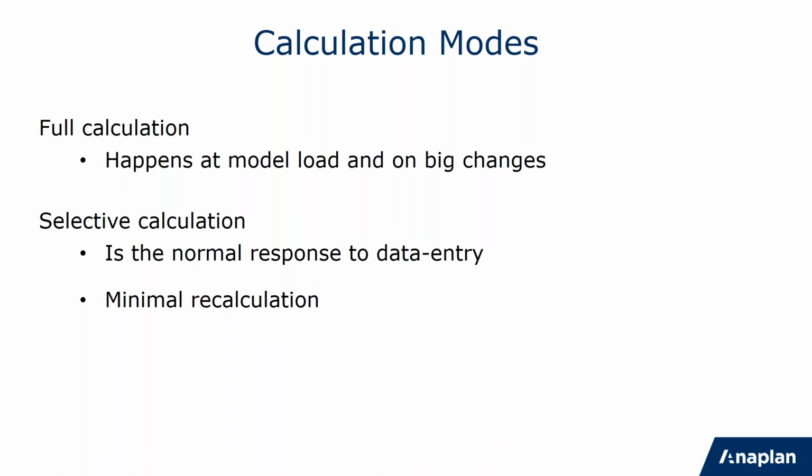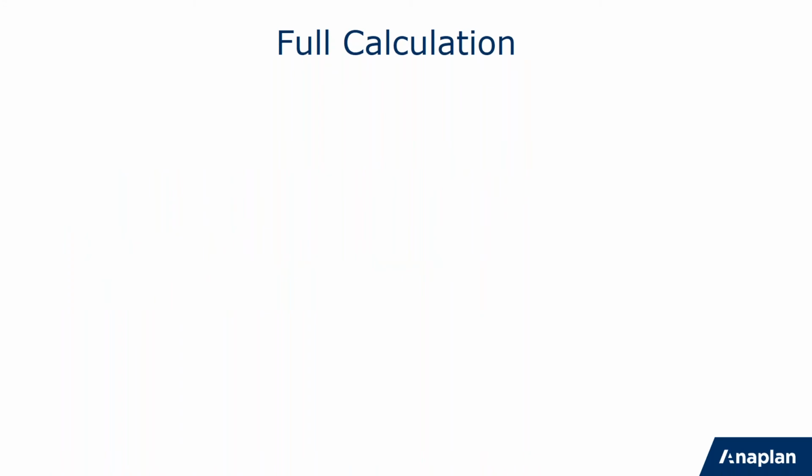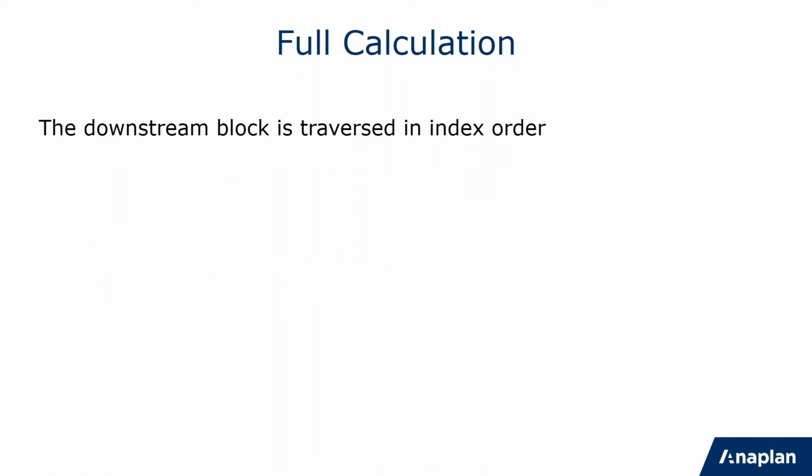So full recalculation, we showed you the block as a sequence of numbers, and what we do is we take the block being calculated, the downstream block, and we walk down those in index order from 0 down to the full size. And for each one, we go to the corresponding cells in the source blocks.